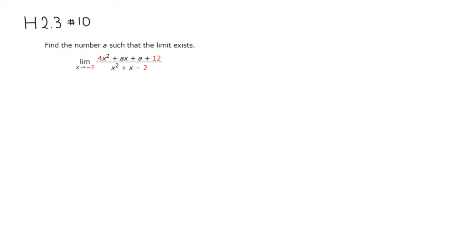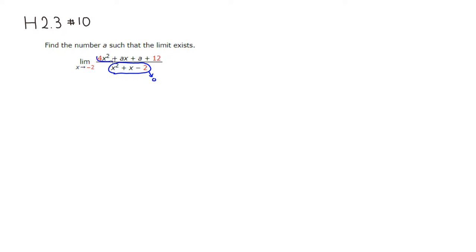As x approaches -2, you can see that the denominator approaches, let's see, -2 squared is 4, minus 2, minus 2, so it's going to approach 0. Then how about the numerator?